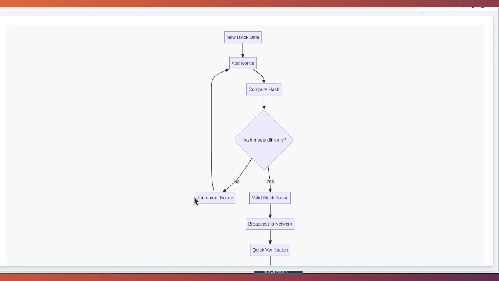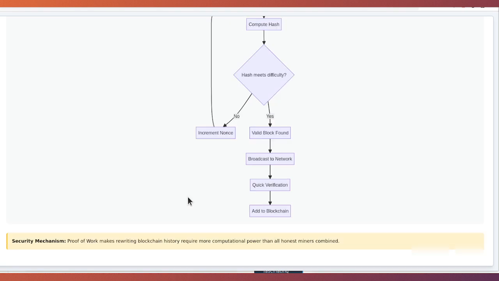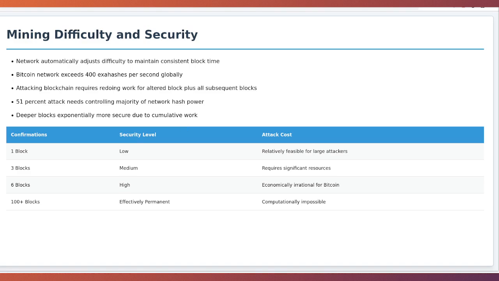The difficulty of the puzzle makes it economically infeasible to attack the blockchain because you'd need to control more computational power than all honest miners combined. The proof of work difficulty is what makes blockchain practically immutable.